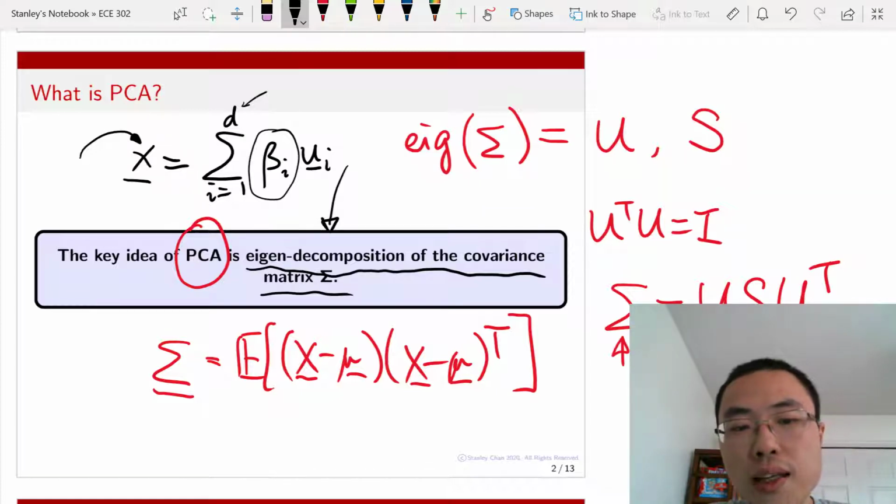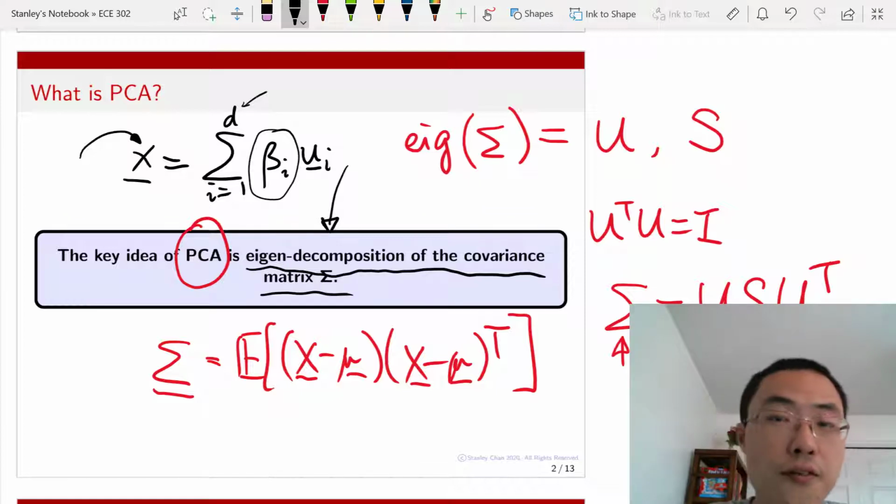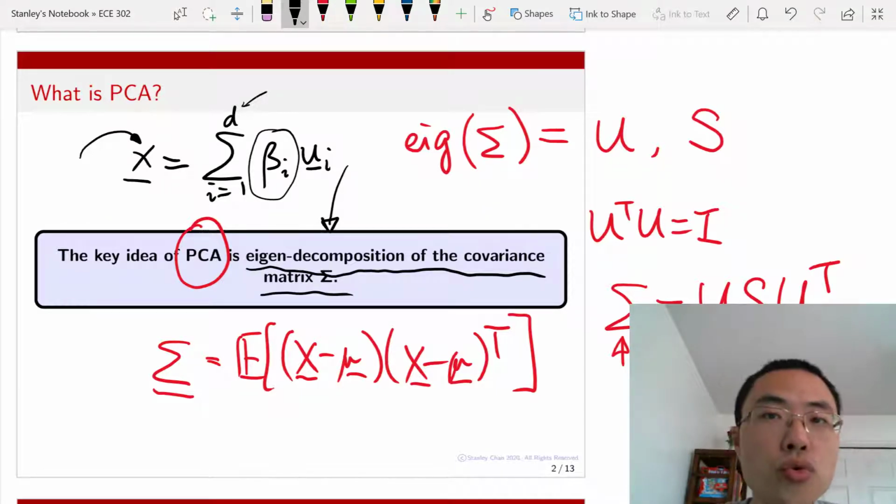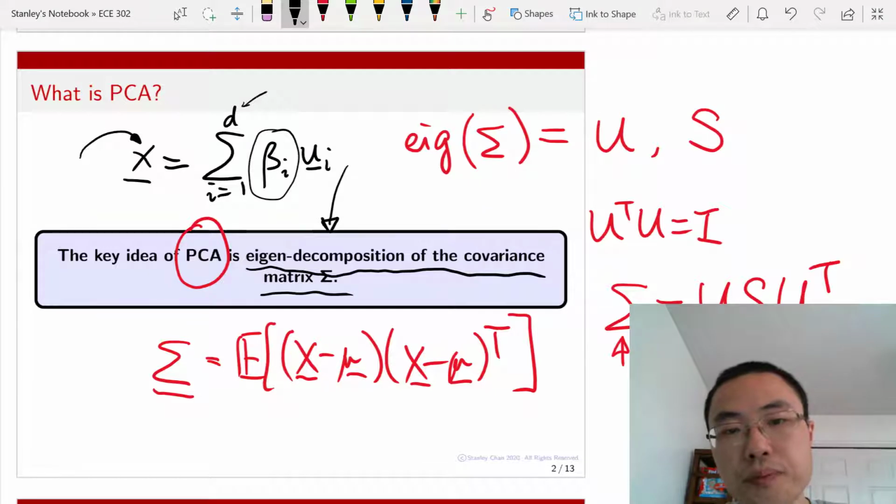So that's the whole idea behind this principal component analysis, which is essentially an eigen decomposition of the covariance matrix sigma. And following that, you are going to do a linear combination of the bases to represent a data point.